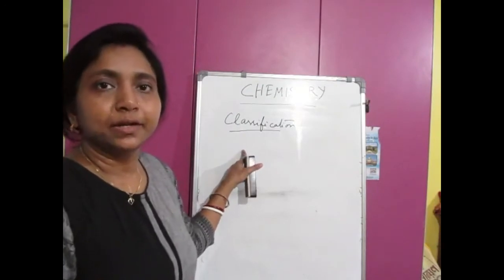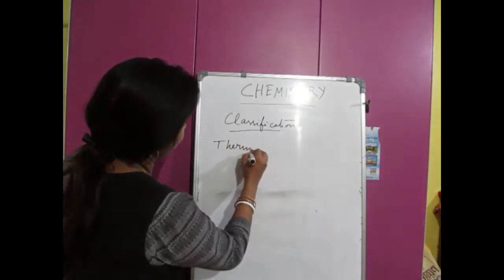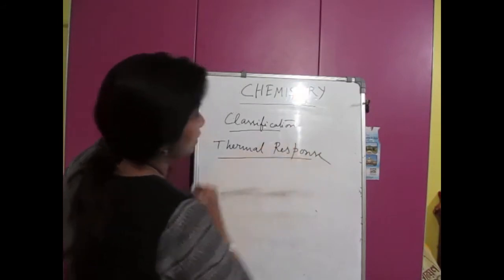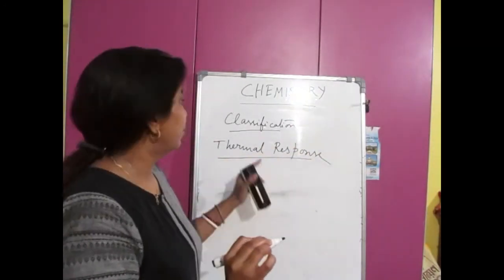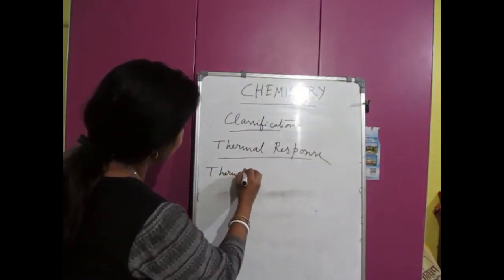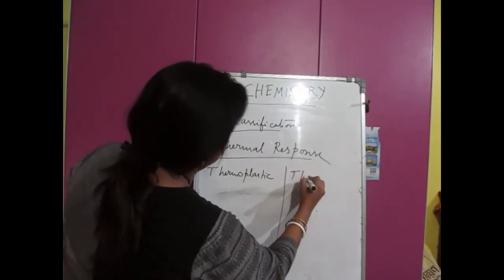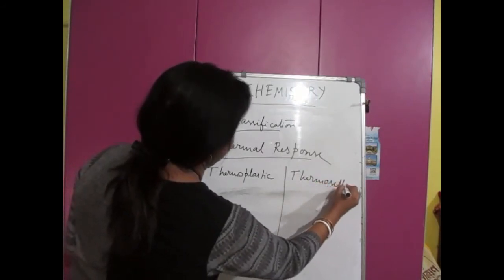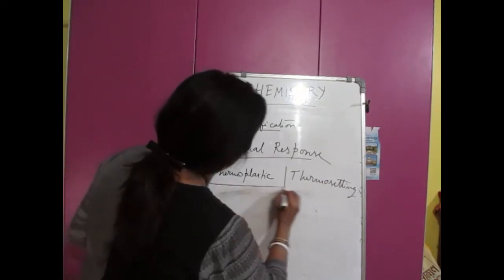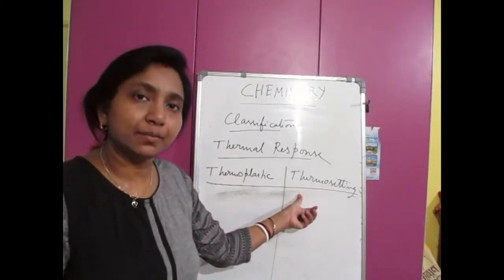Next is classification based on thermal response. Based on thermal response, polymer is of two types: thermoplastic polymer and thermosetting polymer.